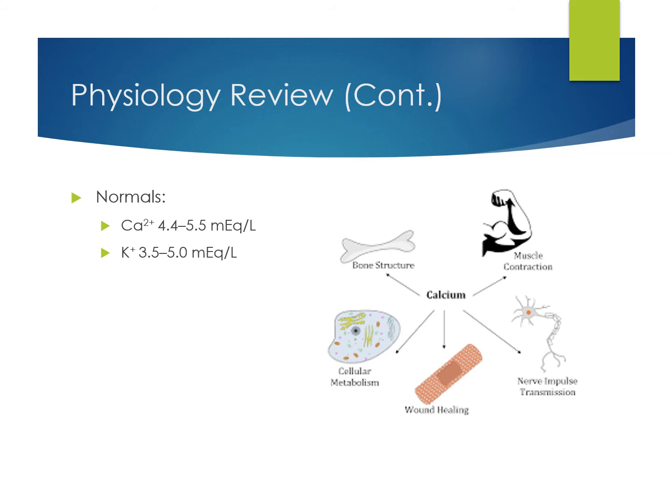Two electrolytes with particular importance to surgery are calcium and potassium. Calcium is the most abundant mineral in the body, and it's needed for healthy bones and teeth. You can see here the normal range is 4.4 to 5.5. I also want you to be familiar with the terms hypercalcemia and hypocalcemia.